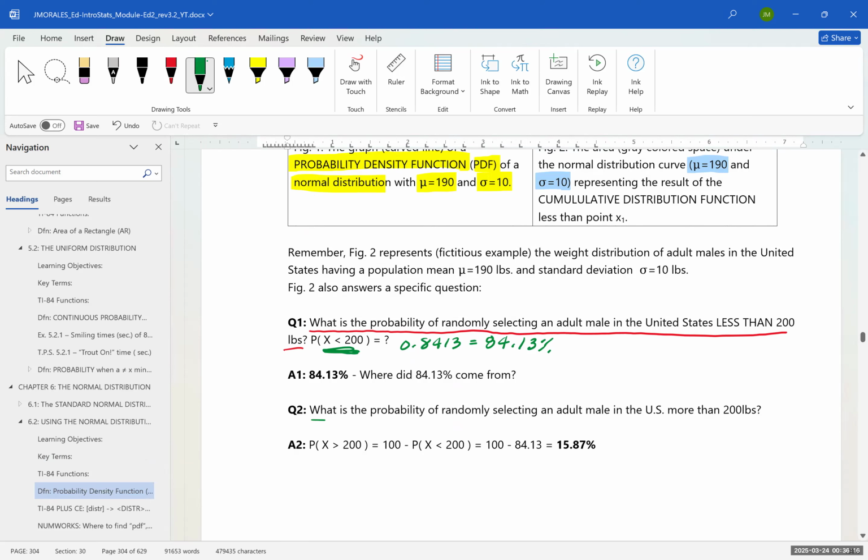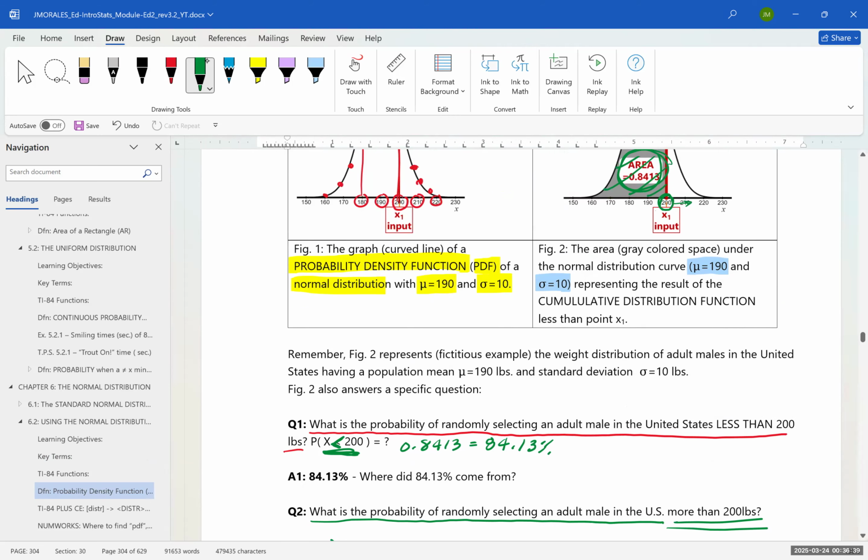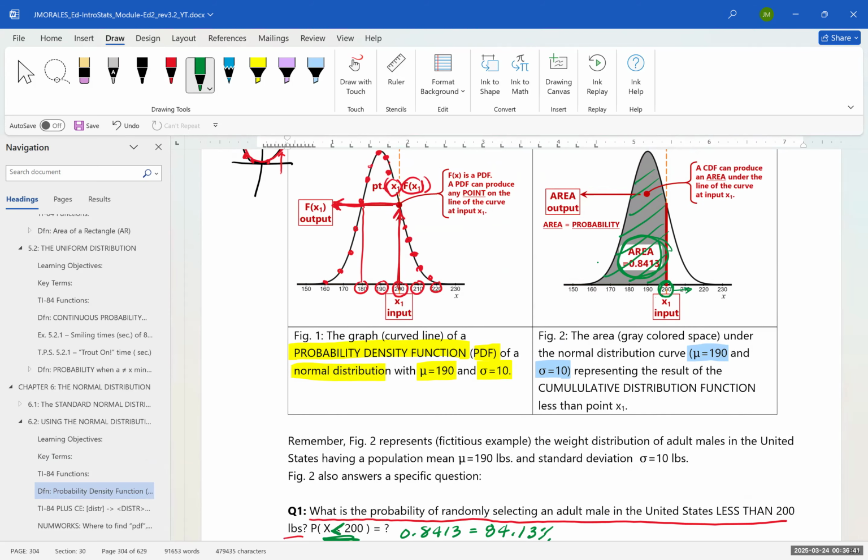Now, another question is, what is the probability of randomly selecting an adult male in the US that's more than 200 pounds? So now instead of looking for the probability of someone that weighs less than 200, now we want greater than 200. Well, since we're dealing with percents here, we know that the total area under the curve has to be equal to 100%.